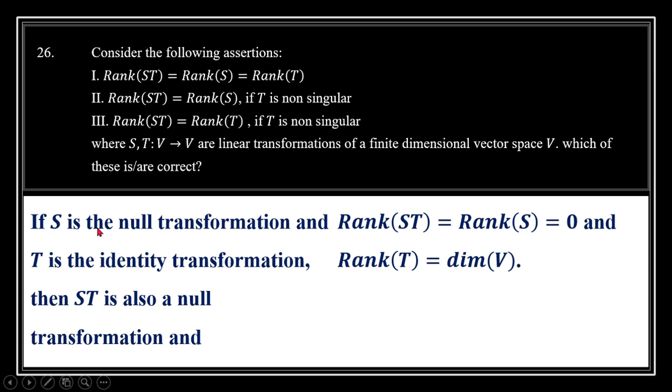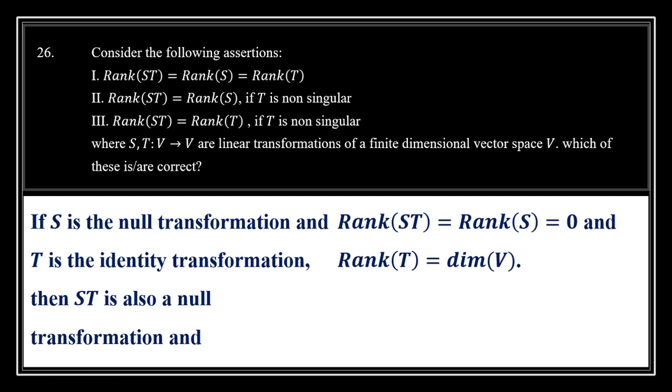If S is the null transformation, see, S and T are linear transformations from a finite dimensional vector space to itself. If S is the null transformation and T is the identity transformation, then ST is also a null transformation. Null transformation means image of every vector goes to 0 vector.